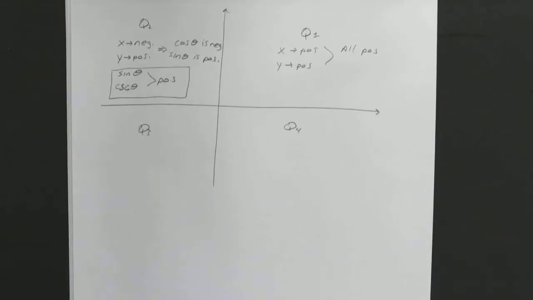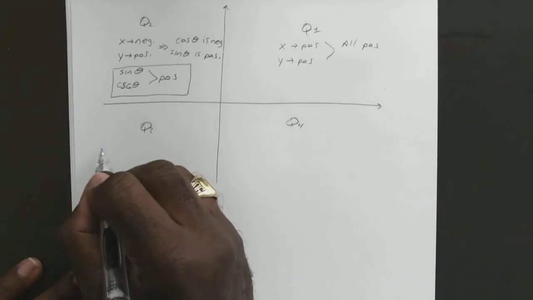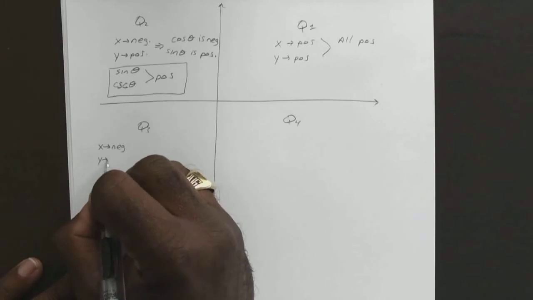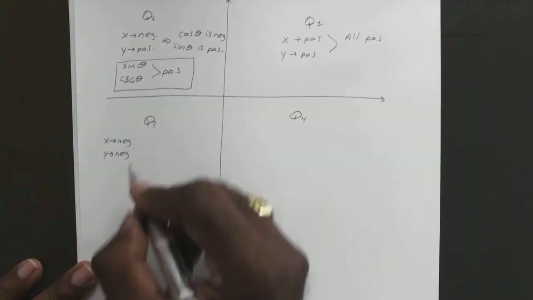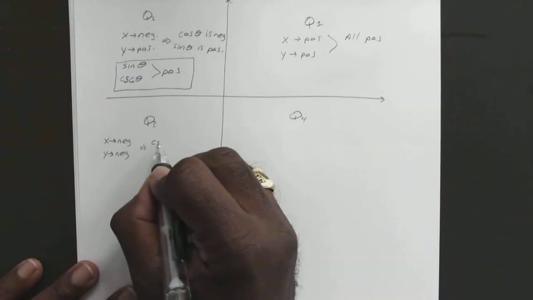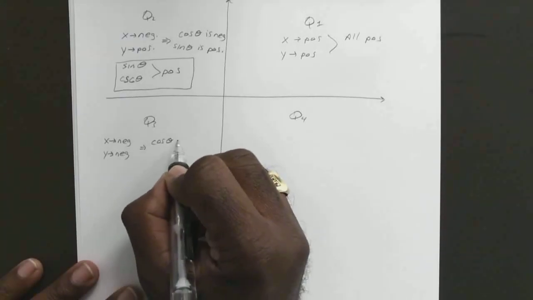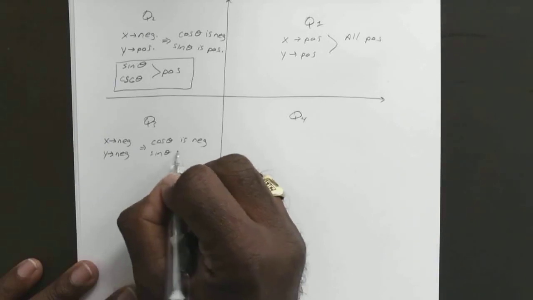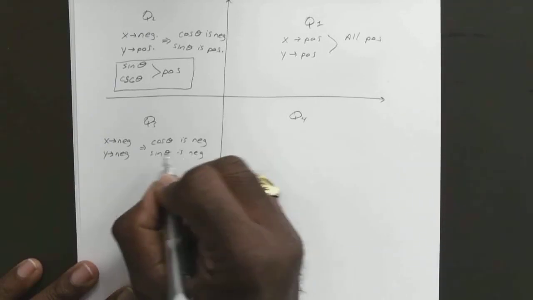Okay. Now in quadrant 3, sine is negative and cosine is negative. So x is negative, and y is negative, which means that cosine is negative, and sine is negative.